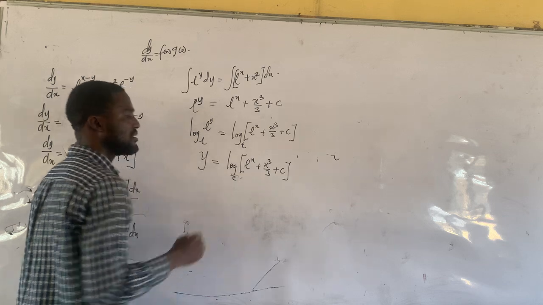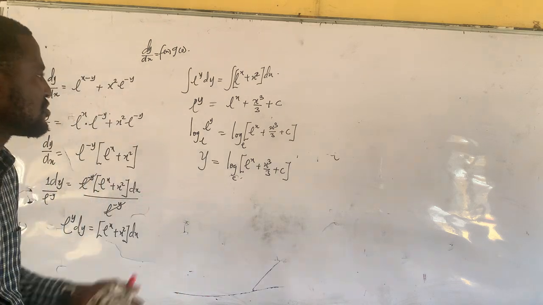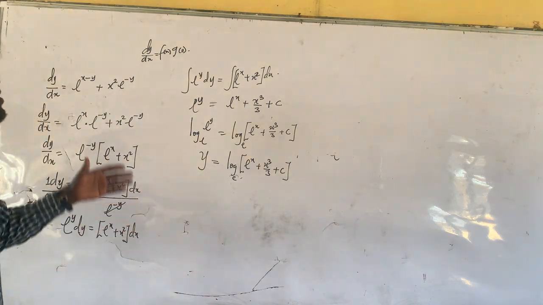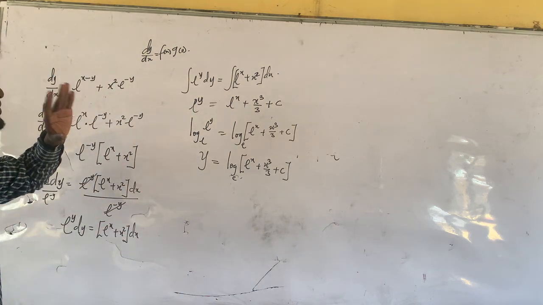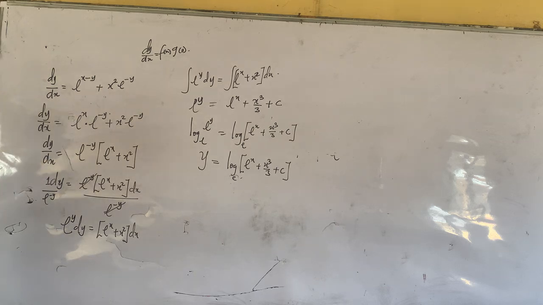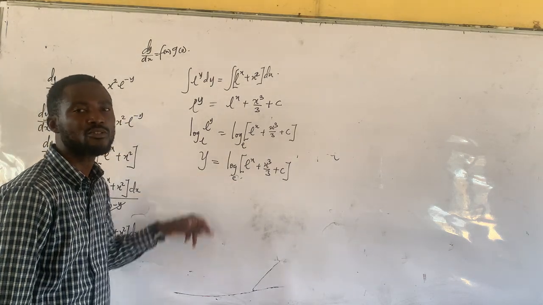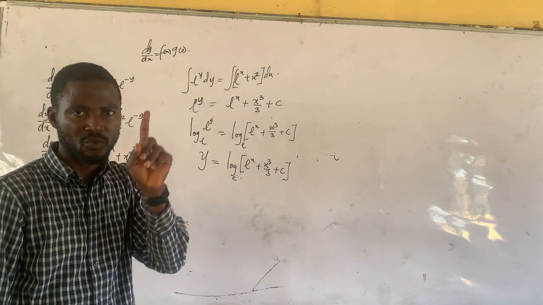Now this is the solution, but the question is, how do you know that this is a solution? Number one, let's listen please. The differential equation you have solved is a first order differential equation. If your differential equation is a first order differential equation, the number of constants you are going to have in your solution will be just one constant.